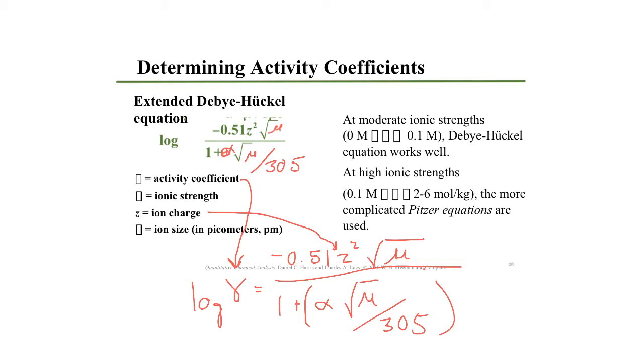And then the ionic strength is put into here and down here. And then alpha is this last one in here, and that is essentially the ion size. So this whole equation can be used to find the activity coefficient of a particular ion. So you have to find the activity coefficient of each ion that you're working with.